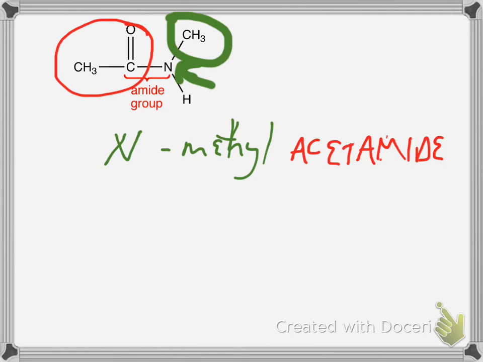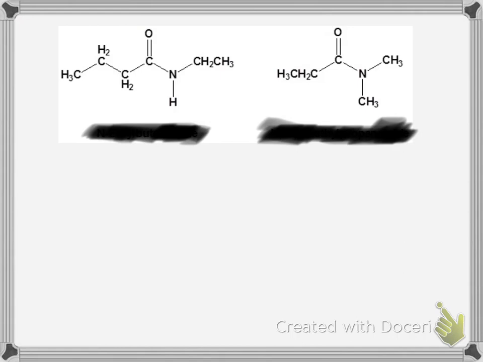So let's do some more examples where we have a substituted amide. Okay, so here are 2 examples where we have substituted amides. Let's look at the one that's here on the left first. We'll name the 1, 2, 3, 4 carbons that has a carbonyl group. And so that would be butanoic acid.